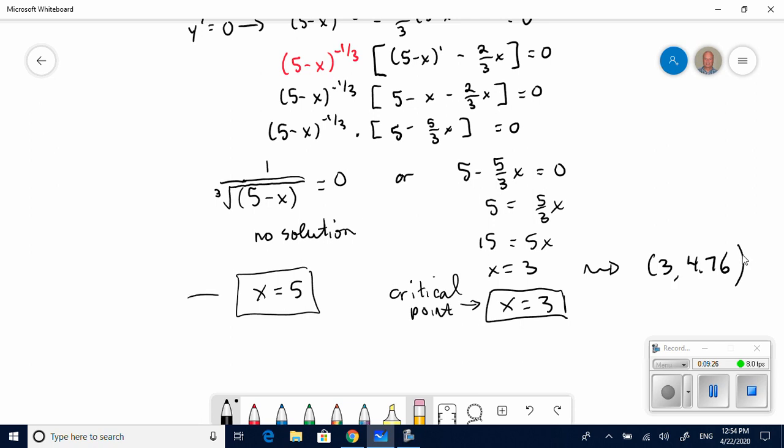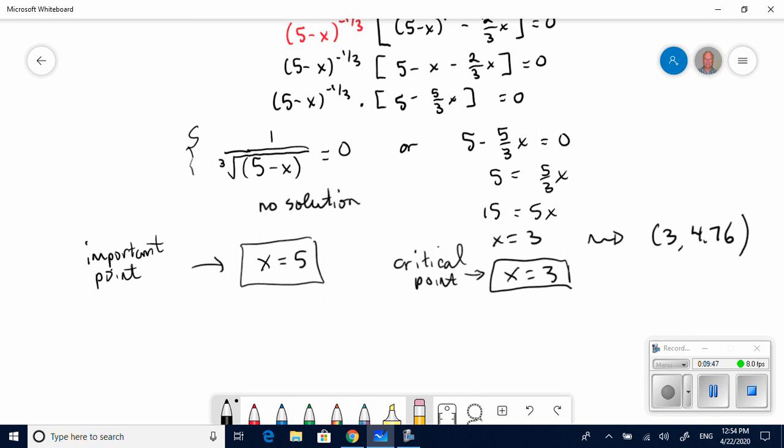I'm going to call this one, for lack of a better word, just an important point here. It's a value on my function that should be looked at in greater detail. It exists in this area. There's something going on. It could very well be an asymptote, but it might be something a little bit more than that.